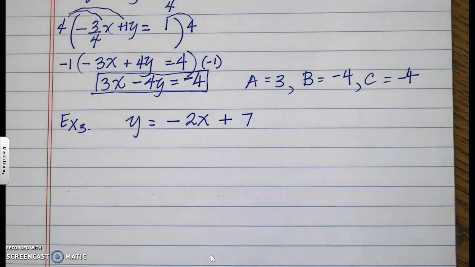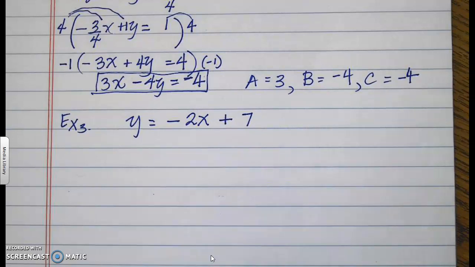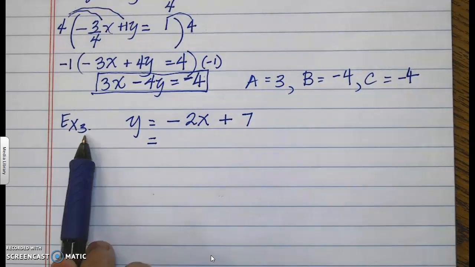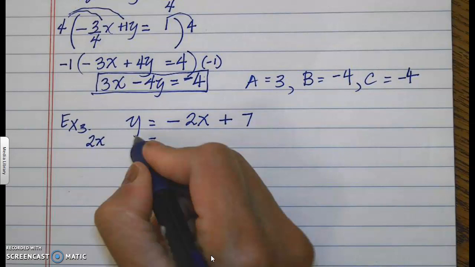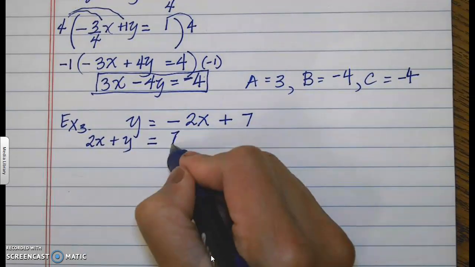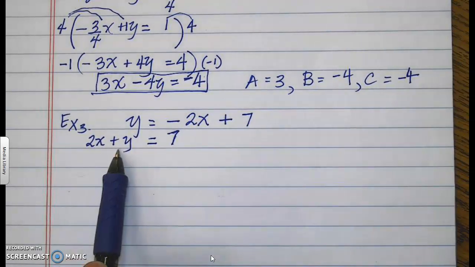Okay, my third and final example for this one is y equals negative 2x plus 7. So first step, equal sign. Second step, the x should join the y on the other side, so the negative turns to a positive. This goes down. And this just goes down. As you can see, the A and the B are both integers.